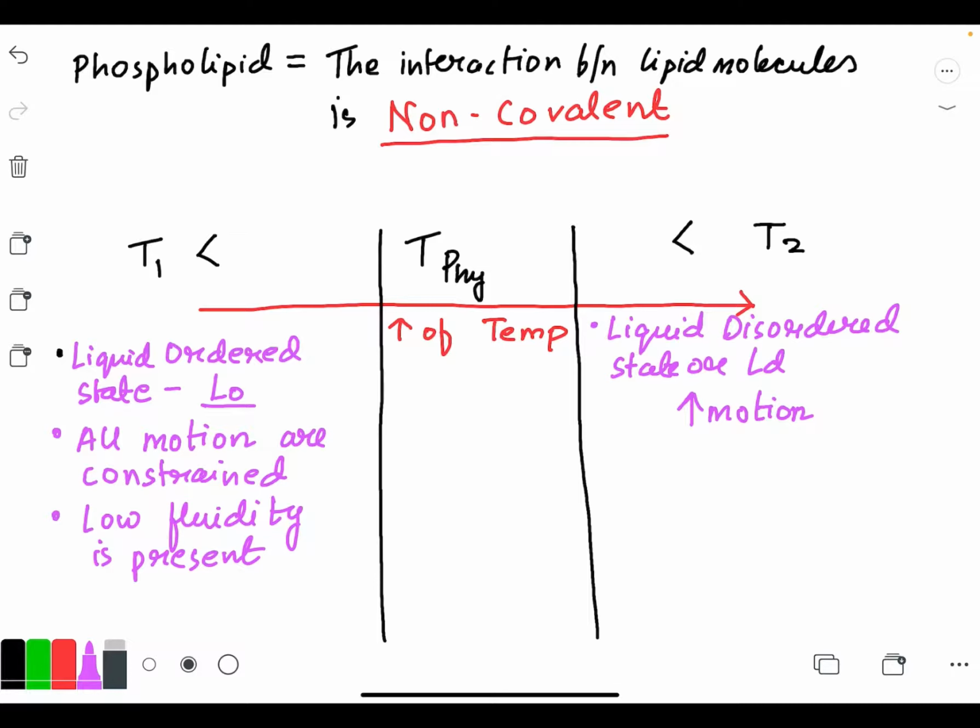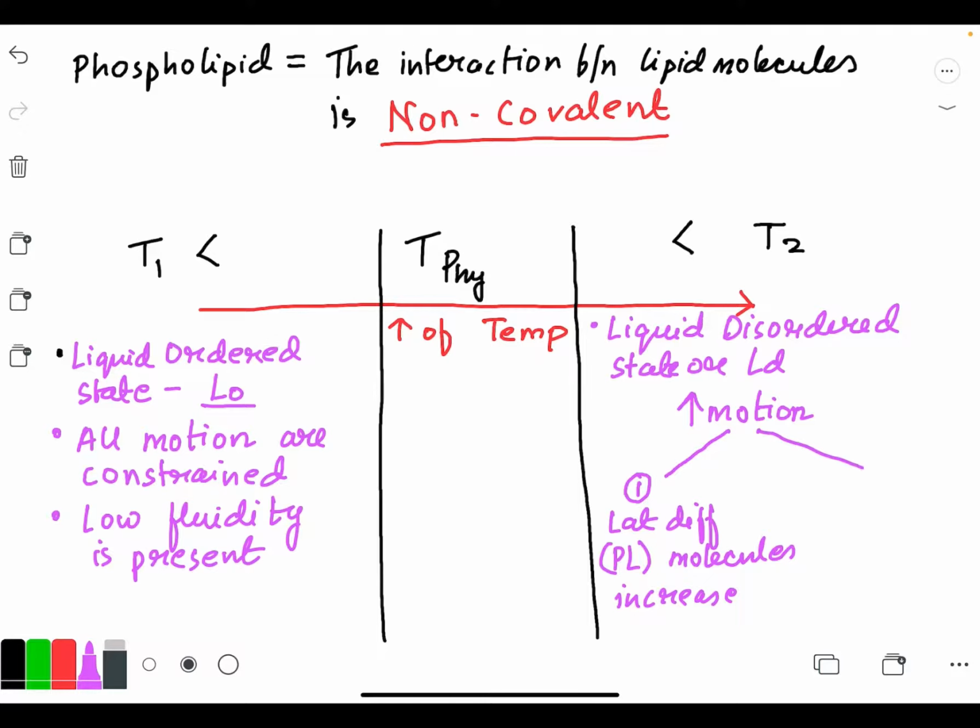Why does it increase? There are two reasons. Number one, since heat is there, because the temperature is high, the lateral diffusion of the phospholipid, PL, molecules increases.